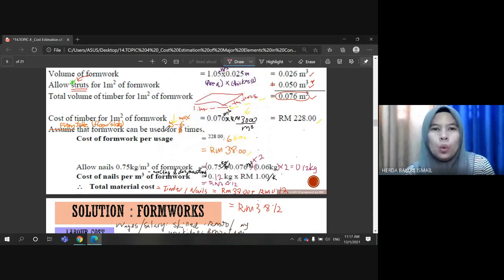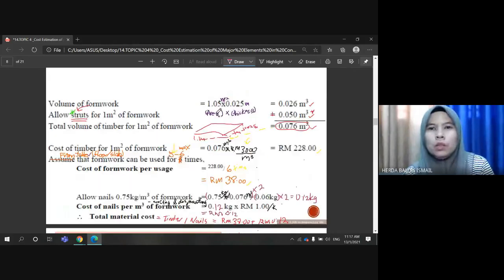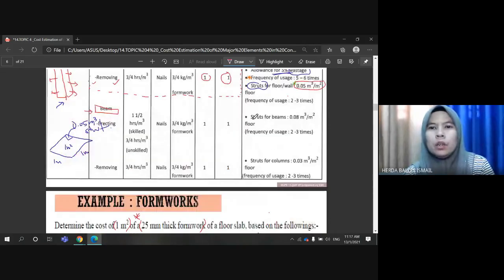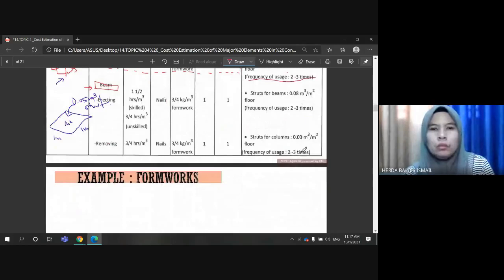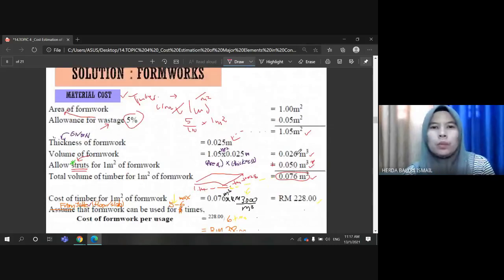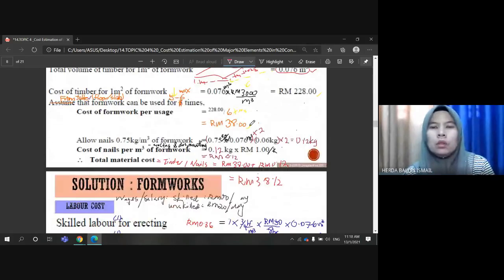Again, where you get this constant is from the table. Refer to the table here, the frequency of usage given. So you take this maximum of 6. Thus we get the cost of formwork or cost of timber per usage is 38 ringgit.